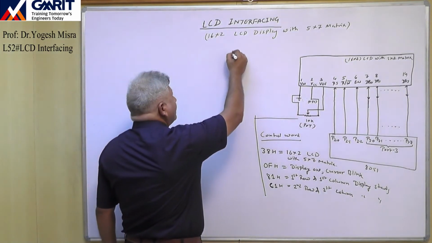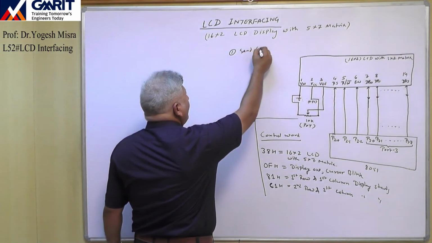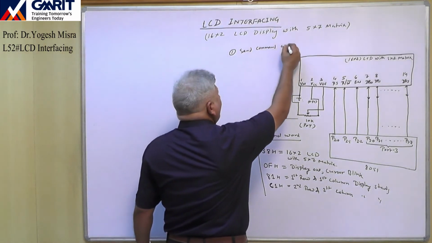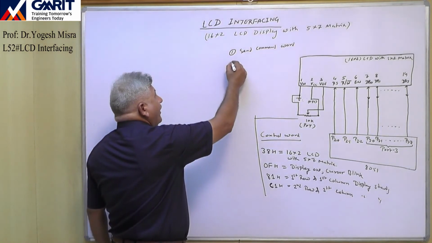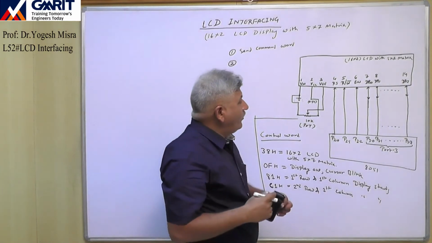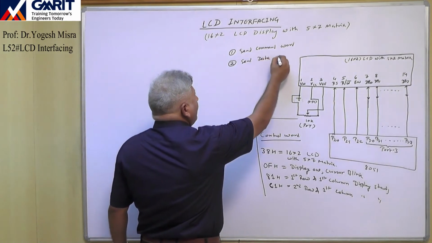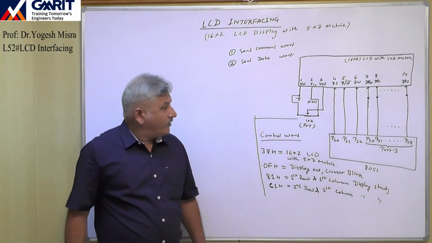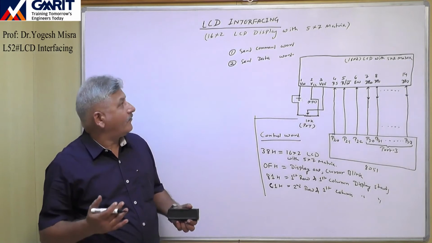The normal process is, first step, we will send the command word, and after sending the command word, we will send the data word. So these are basically two steps. First we will send the command word, then we will send the data word.